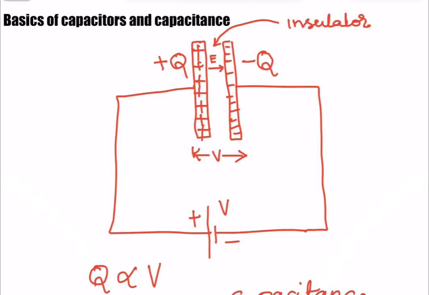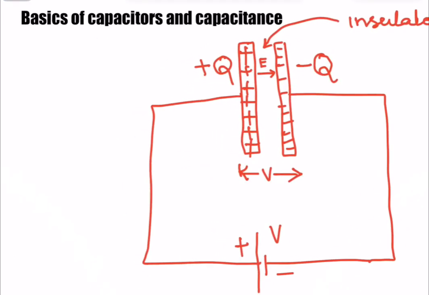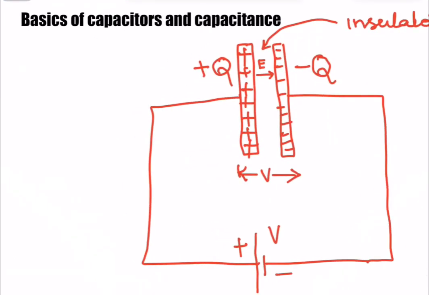There are a lot of practical applications of these capacitors in electronic circuits and in many appliances that we come across later. There are different types of capacitors based on their shapes, material, and configurations. But the most generally used capacitor is the parallel plate capacitor.